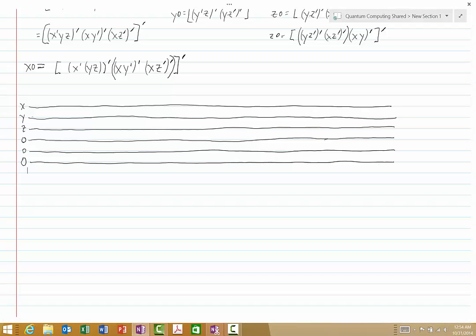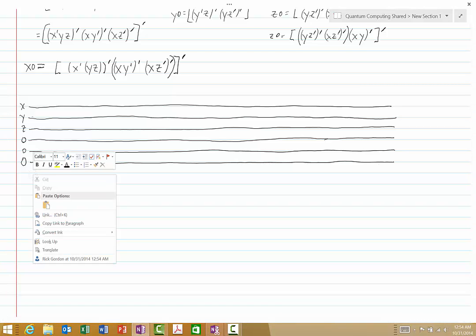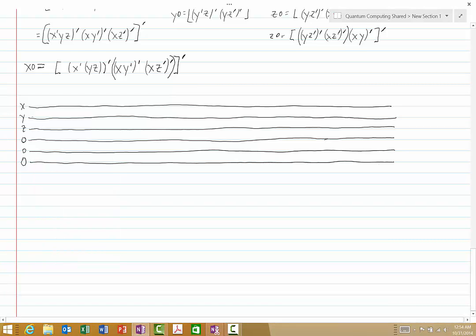Actually, in the case of calculating YO, we can get by with just 3 of these, but in order to calculate XO and ZO, we might need more. So for right now we're calculating YO, and as we will see, it will suffice to have only 3 work lines, and then I'll put one more line here. This will be YO.